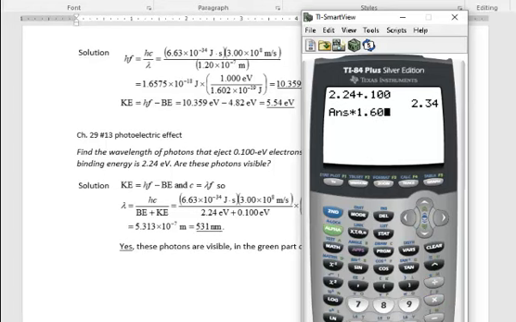Notice they did the algebra first and then did it all in one step. I kind of go backwards and chop it up. So here's the energy of the photon in joules, and that I divide by Planck's constant, which will give me the frequency of that photon.